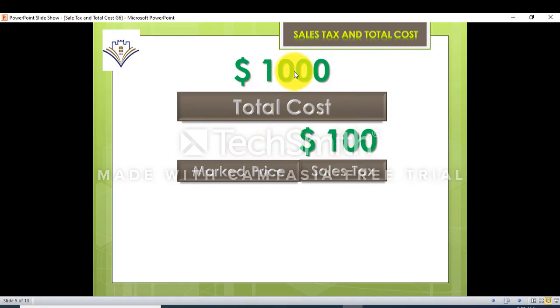Yes, subtract: 1,000 minus 100 is $900. Again, the total cost means the sum of both market price and sales tax. If we need the sales tax, we subtract market price from total cost. If we need market price, we subtract sales tax from total cost.